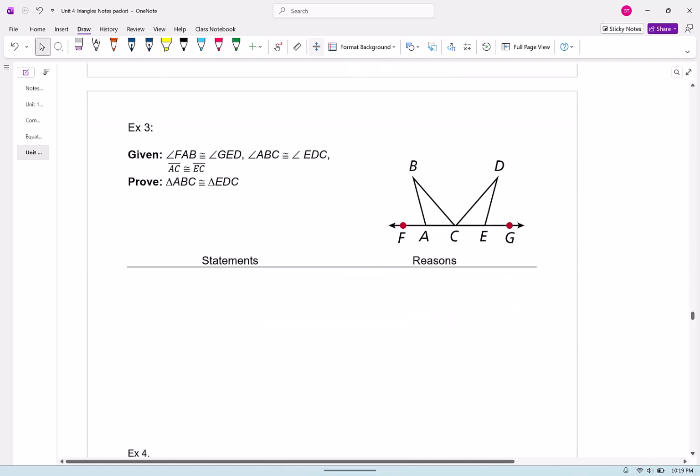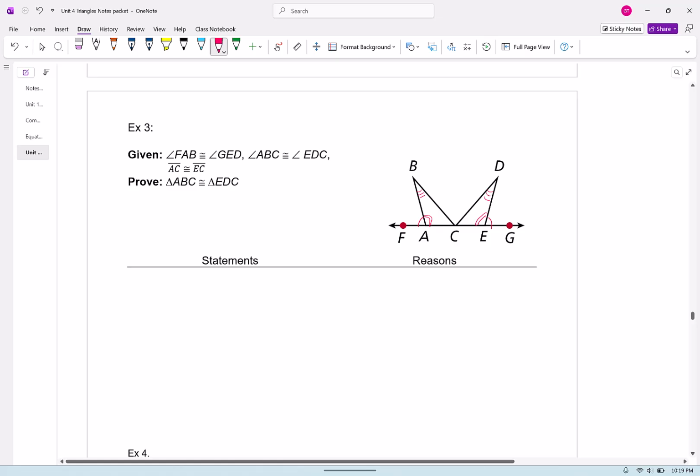All right, so let's take a look at this one. Let's talk about it more than write it out. If angle FAB is congruent to GED, well, that means that these in here are a linear pair, and that's also going to be congruent to one another. And if ABC is congruent to EDC, then I got that being the same.